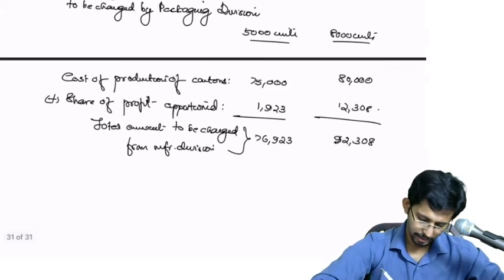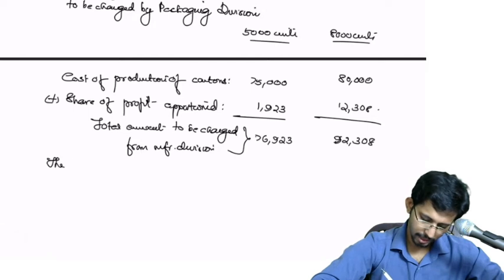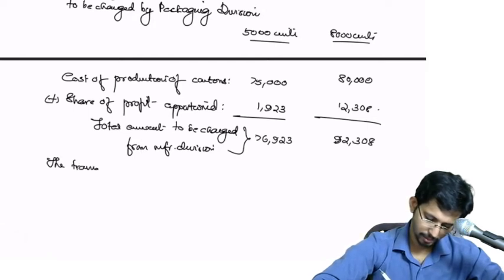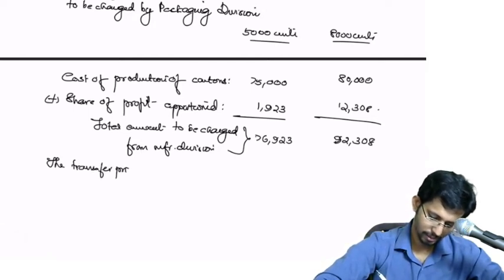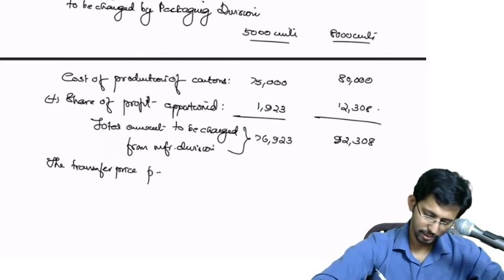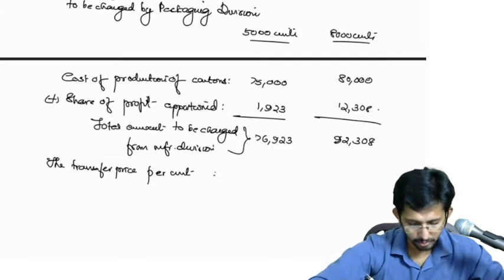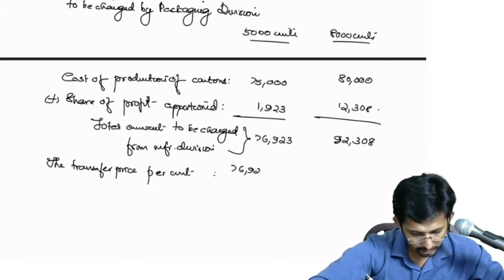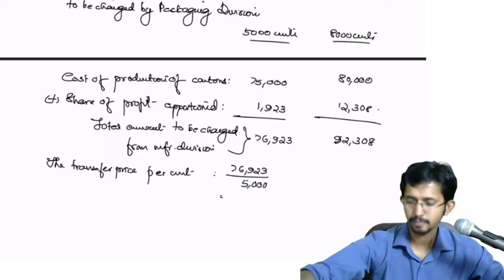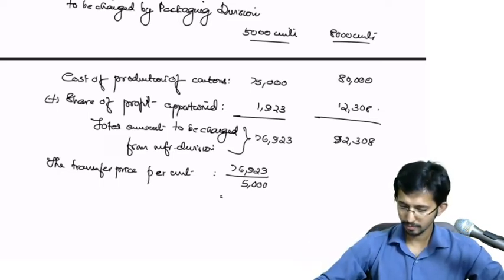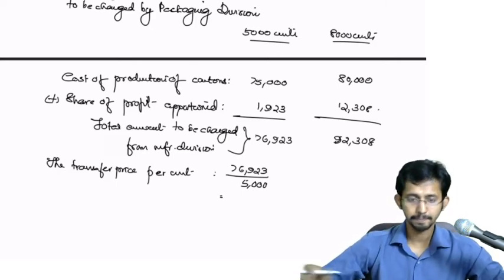Okay, and the transfer price per unit is equal to 76,923 divided by 5000. 76,923 divided by 5000 will be 15.38.